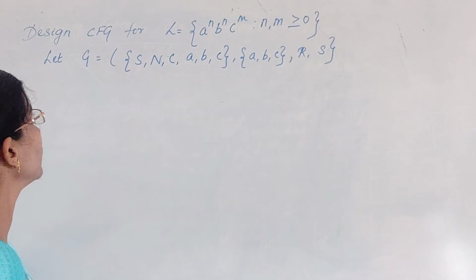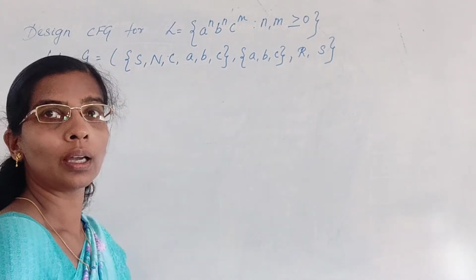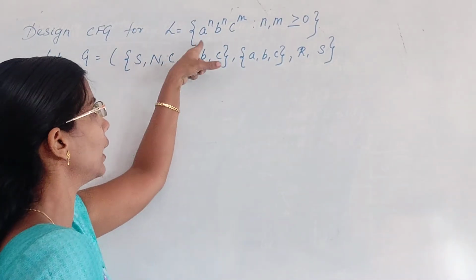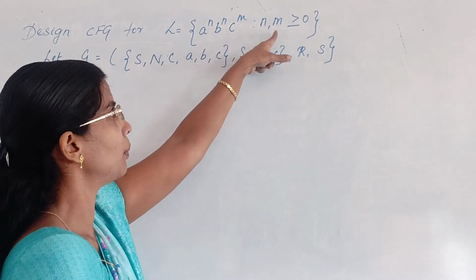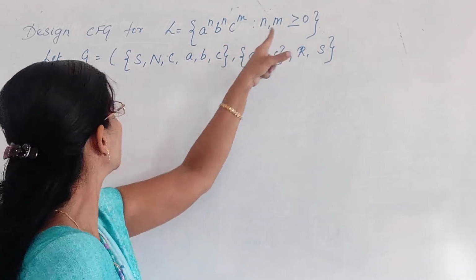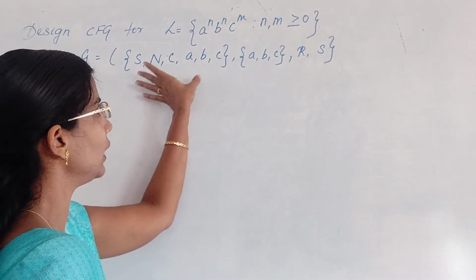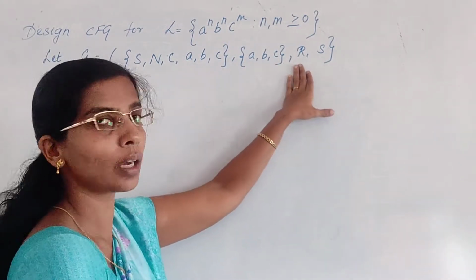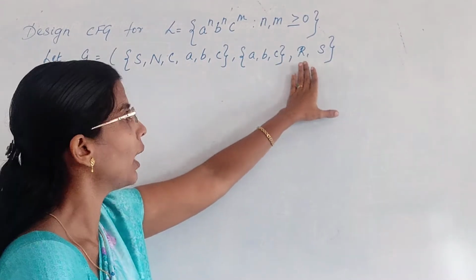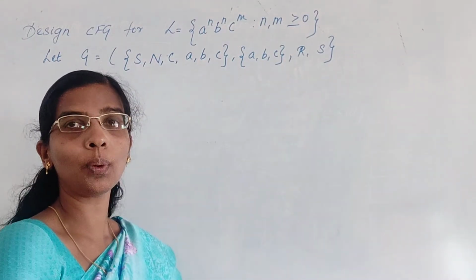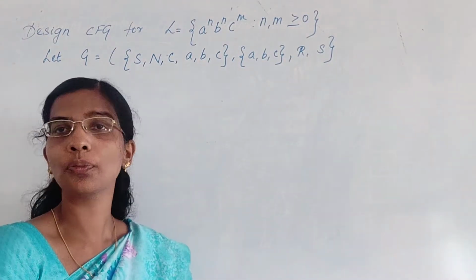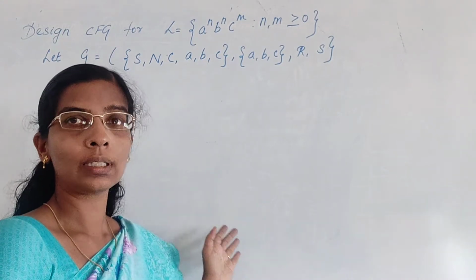So I have to design a context-free grammar and the language is given a^n b^n c^m, n, m greater than or equal to 0, and let G is equal to, this is your grammar, V non-terminals, T terminals, P rules of productions and S is the start symbol. Now I have to generate the context-free grammar for this language.